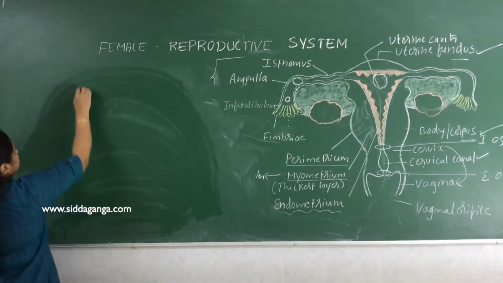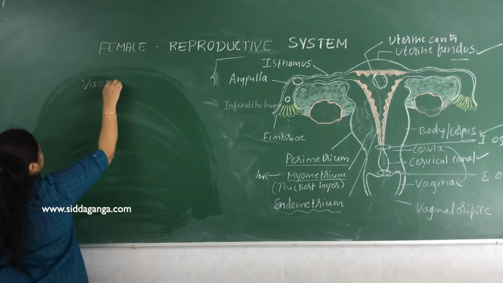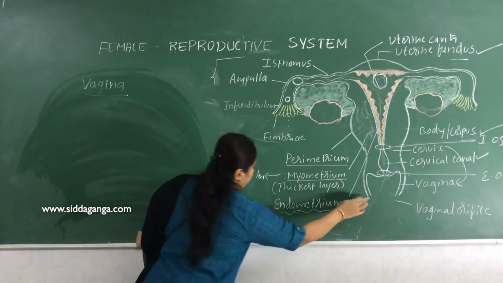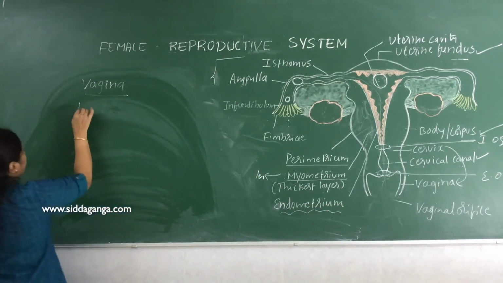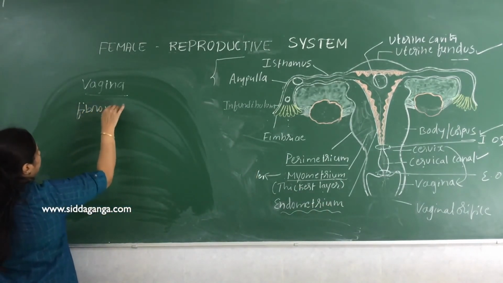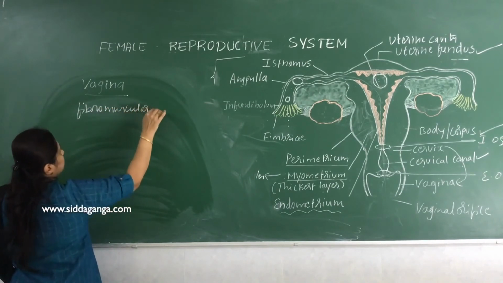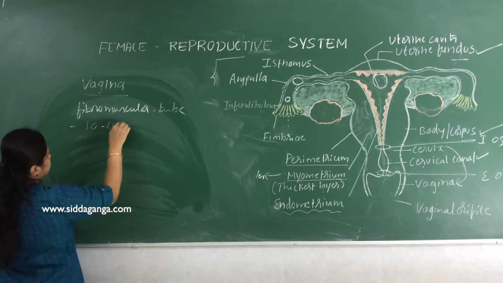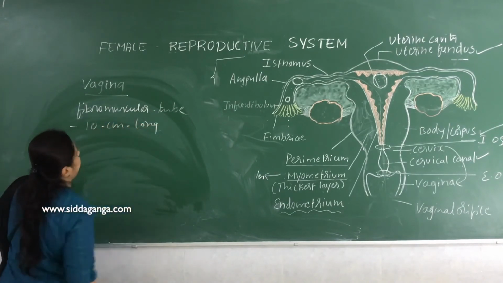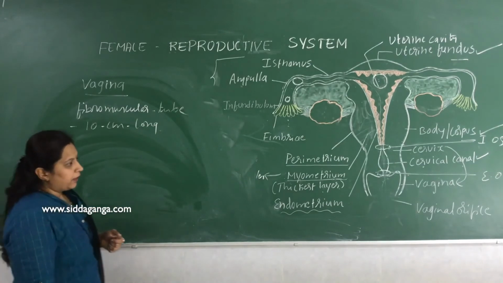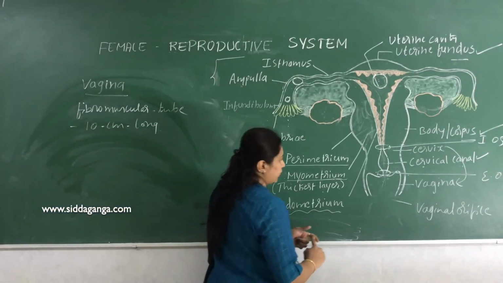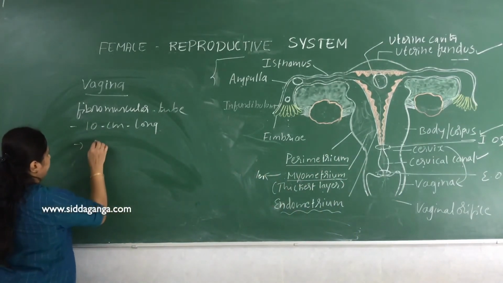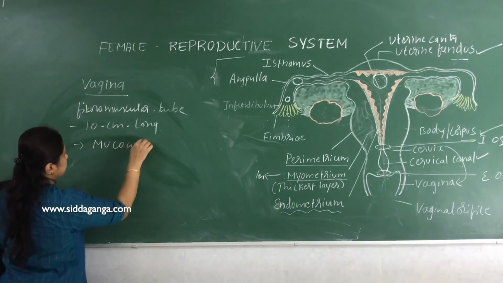The vagina is a fibro-muscular tube, measuring nearly 10 centimeters in length. The inner lining of the vagina has a mucous membrane.